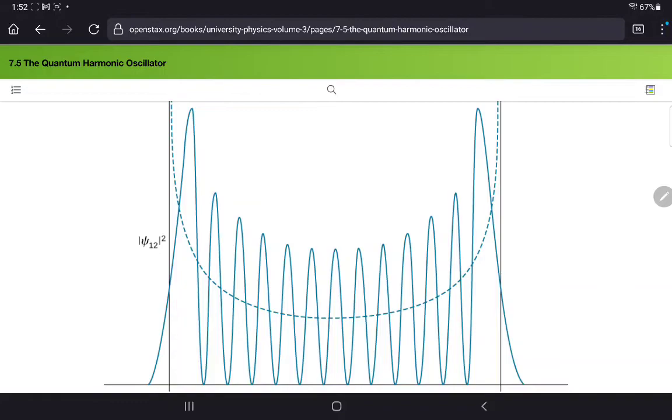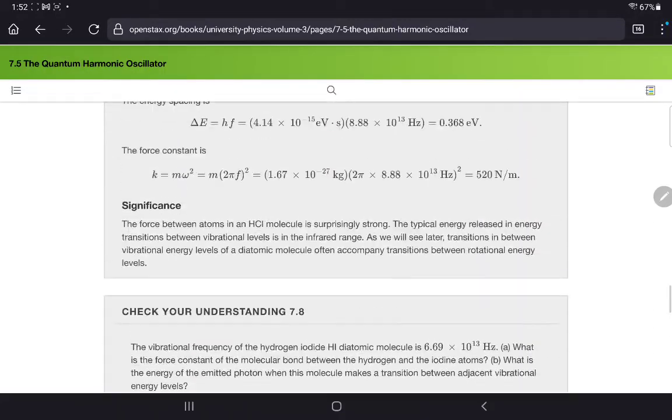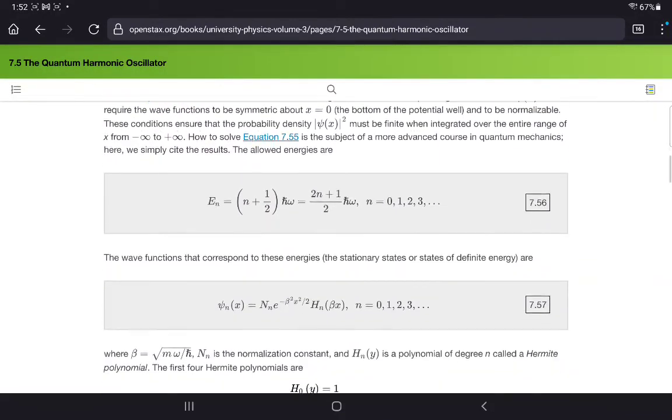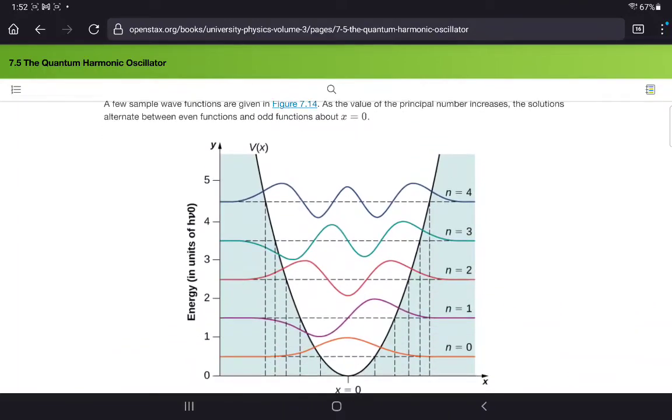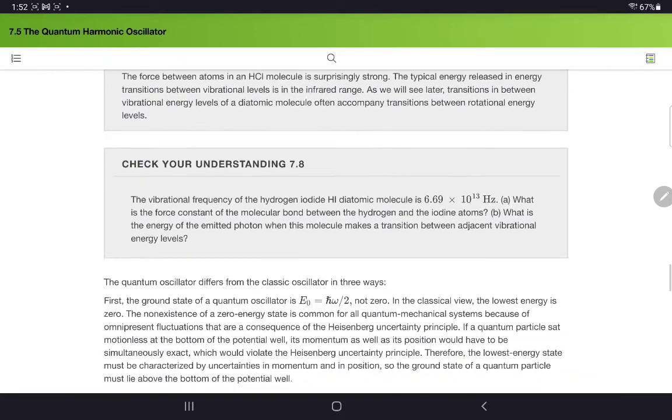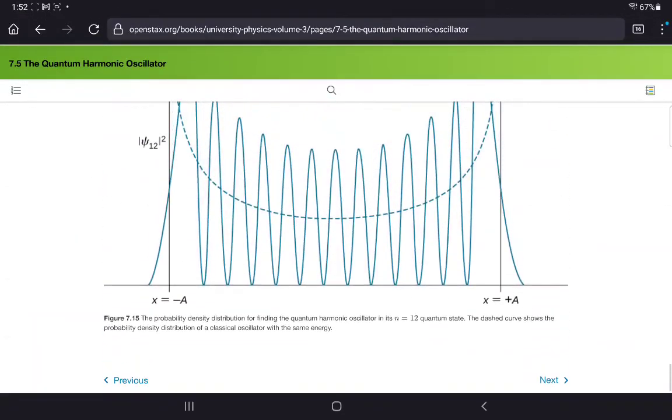The first state has 2 bumps. Like, I'll show you what I'm talking about. The 0th state has 1 bump, 1 has 2 bumps, 2 has 3 bumps. There's actually a slight difference between that picture, though, and this picture.